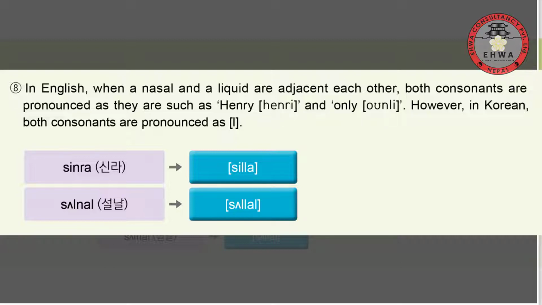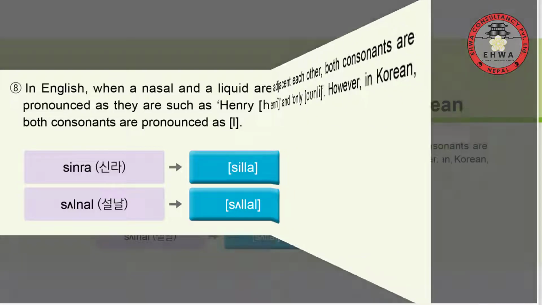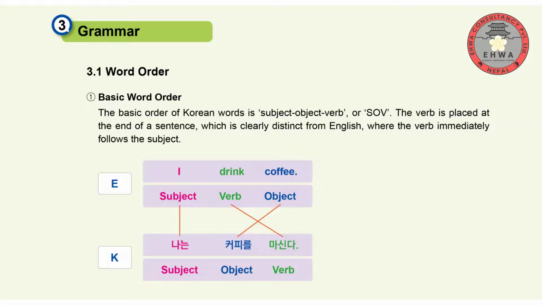So the words below, it's Shilla, not Shinra, and Solal, not Solnal. Fun, huh? That's enough about sounds. It's time to move on to grammar. Number 3. Grammar.